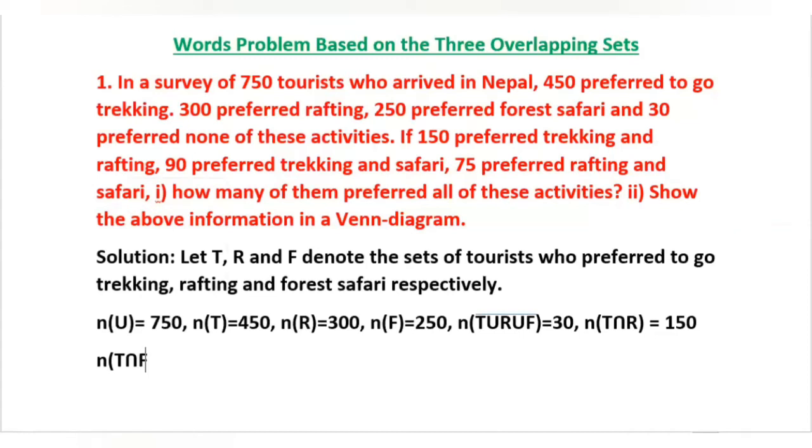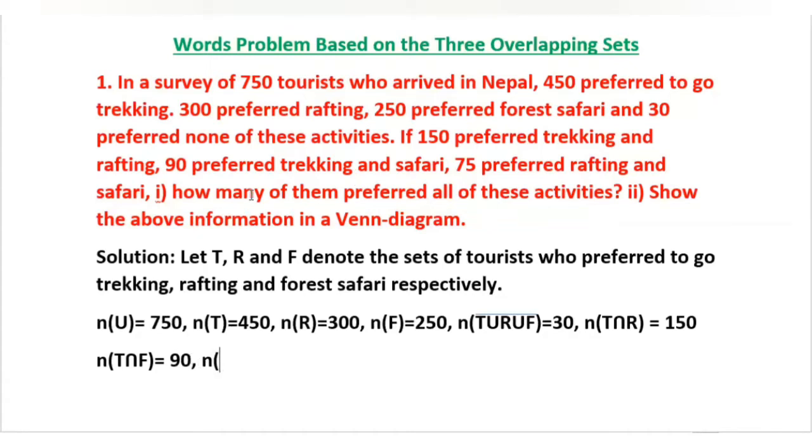n(T ∩ F) for Safari: we have 150, and 90 prefer tracking and Safari. Okay, 90, you may write down 90 here. Then still we are writing data.